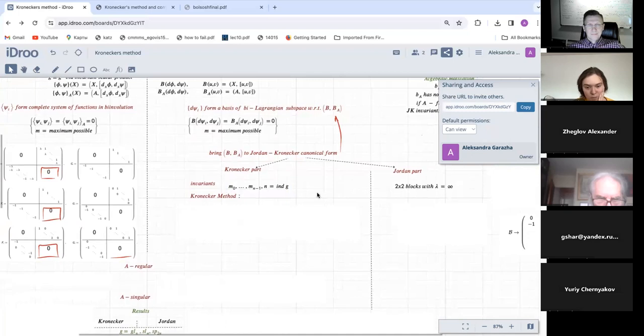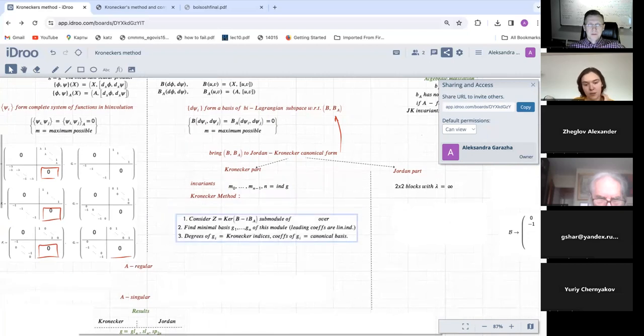And how can we do it? We can apply the Kronecker method. It works for any pair of skew-symmetric bilinear forms, but we will apply it to our forms. There are three steps. The first one, we have to consider a submodule of some big module over some big field.